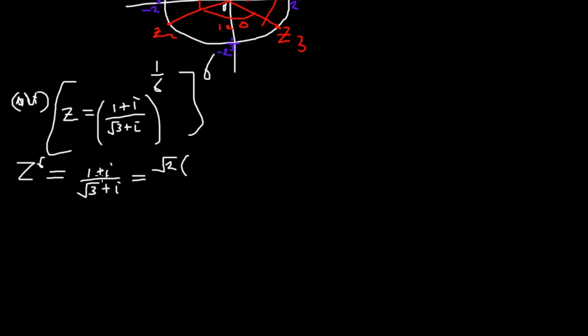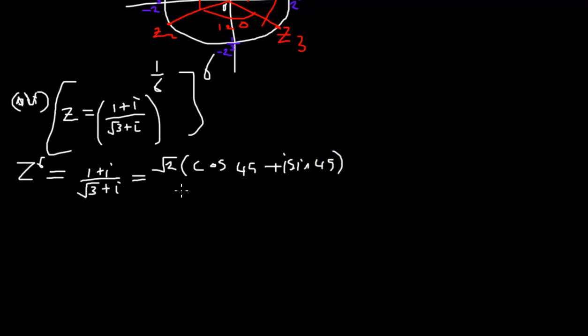And then the argument is just going to be 1 over 1, tan inverse of 1, we all know that is 45. So we're going to have cos 45 plus I sine 45. So this is how it's going to be.